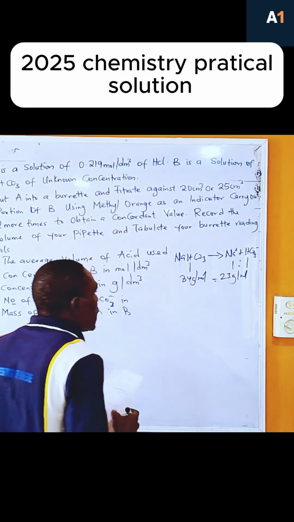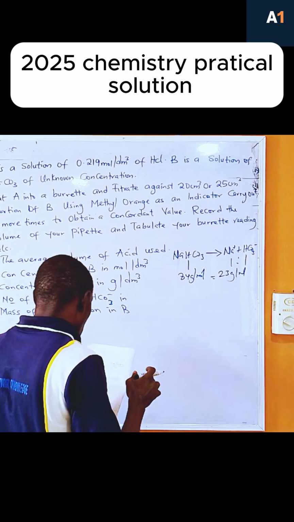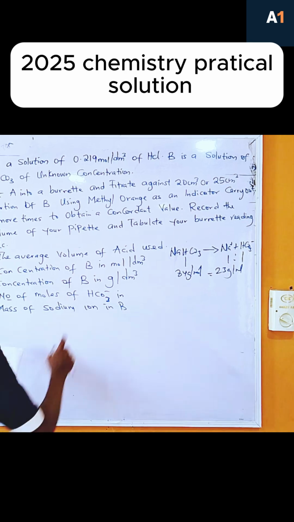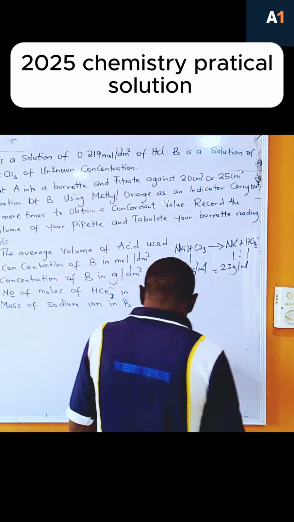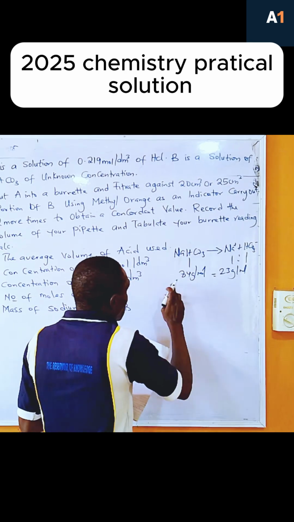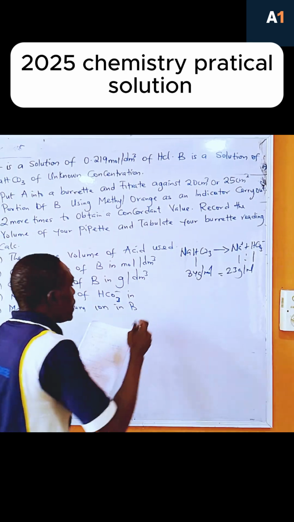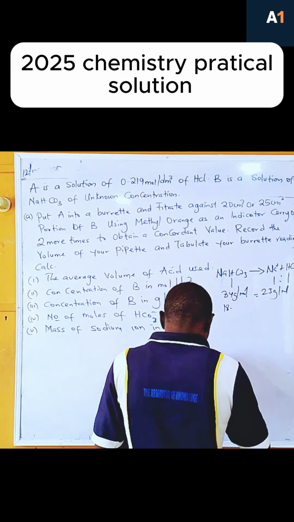So in this case, we are to find the mass of sodium ion in B. Now, if you look at this critically, we can say this 18 grams that we got at that particular time, 18 point something.